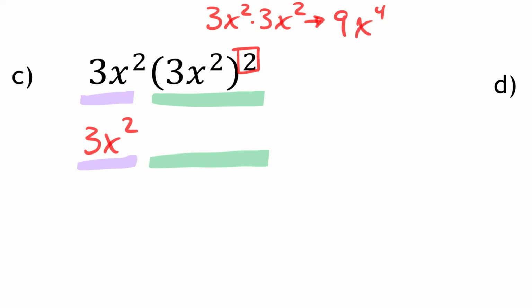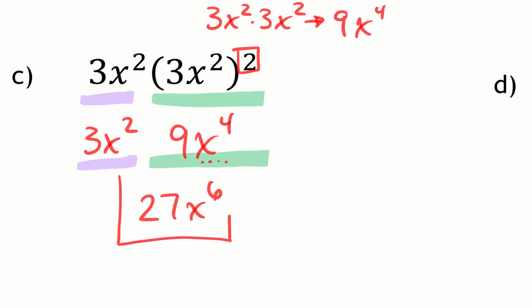So this is 9x to the fourth power. 3 times 9 is 27. x times x times x is x to the sixth power. So the answer for C is these two expressions: 3x squared times the quantity 3x squared squared is the same as 27 times x to the sixth power.